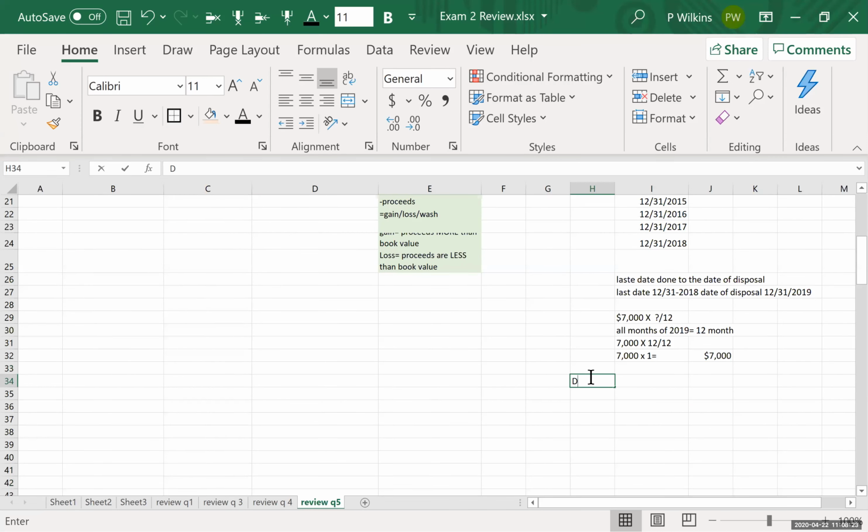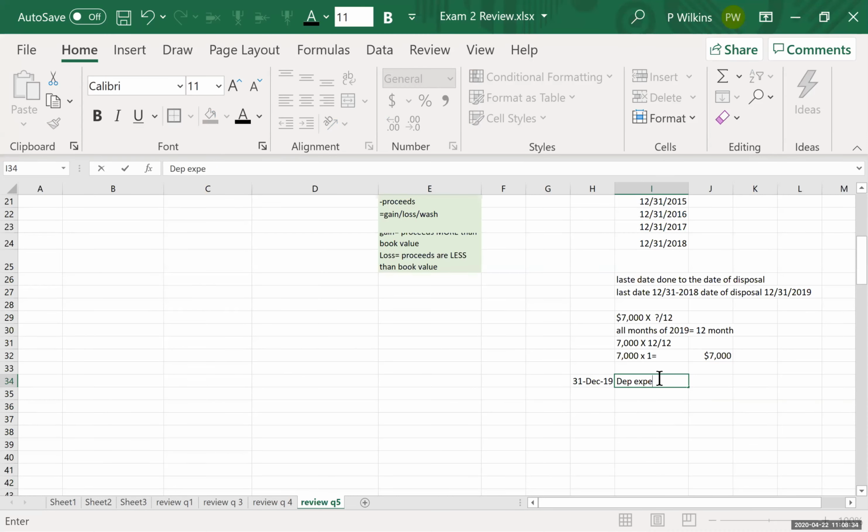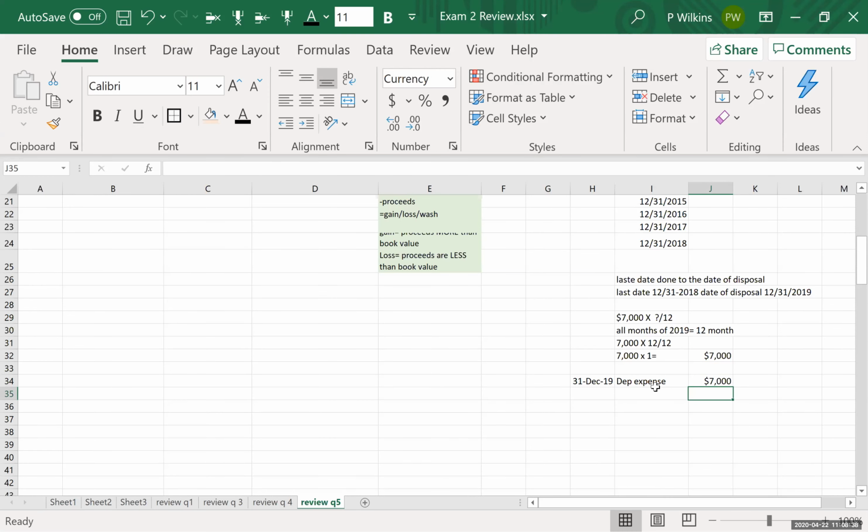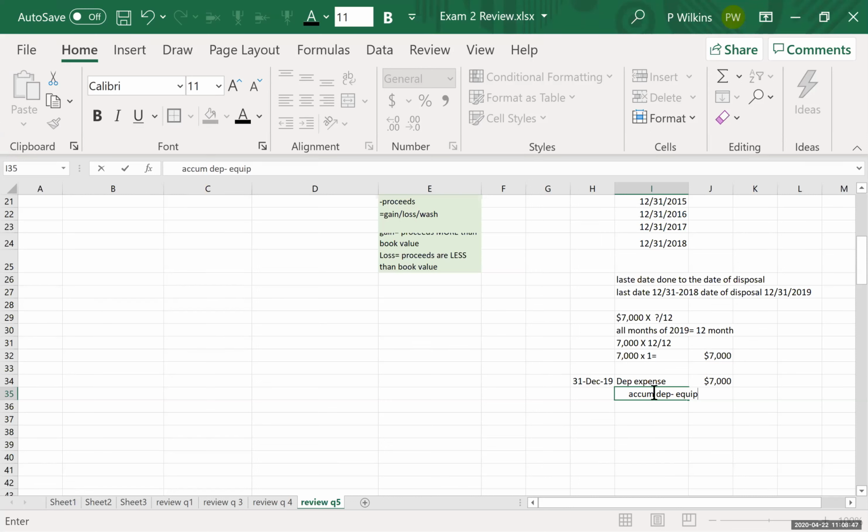So on December 31, 2019, we are going to debit depreciation expense, $7,000. And we are going to credit accumulated depreciation equipment, $7,000.